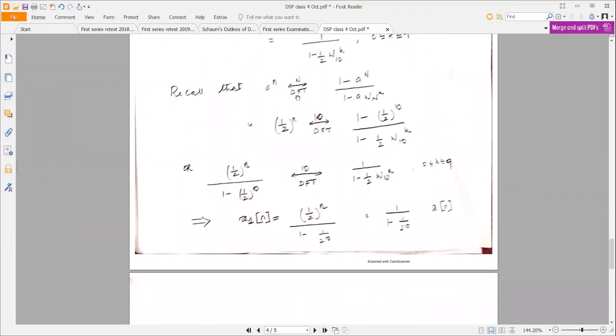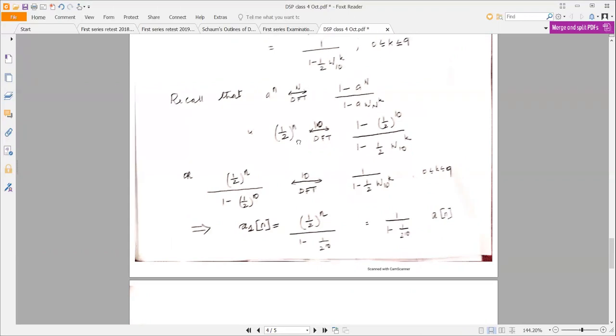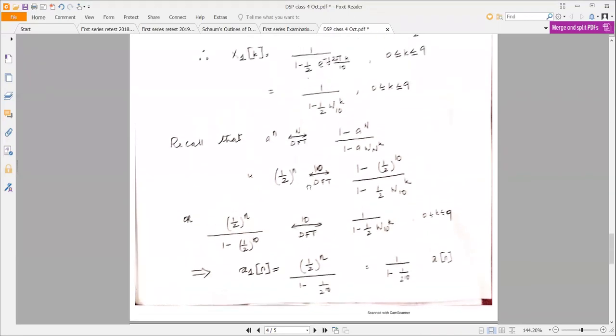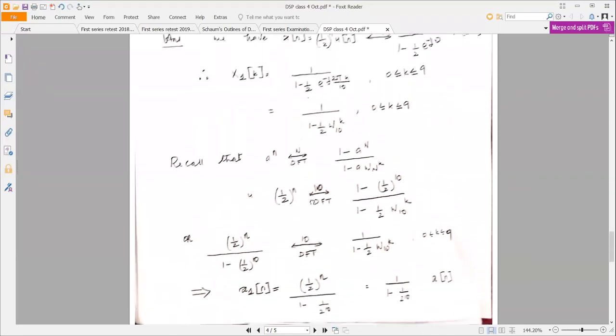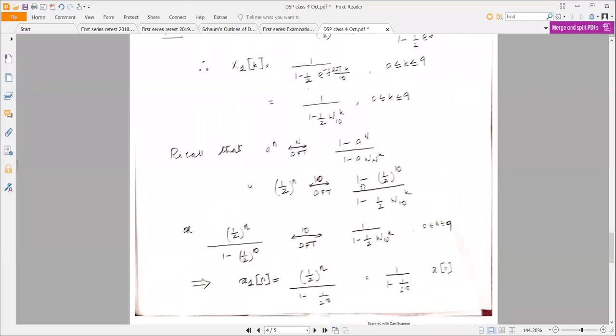Now recall that a raised to n, this exponential sequence, has an N-point DFT given by 1 minus a raised to N by 1 minus a W raised to k. Therefore (1/2) raised to n will have a DFT given by 1 minus (1/2) raised to 10 by 1 minus 1 by 2 W10 raised to k.